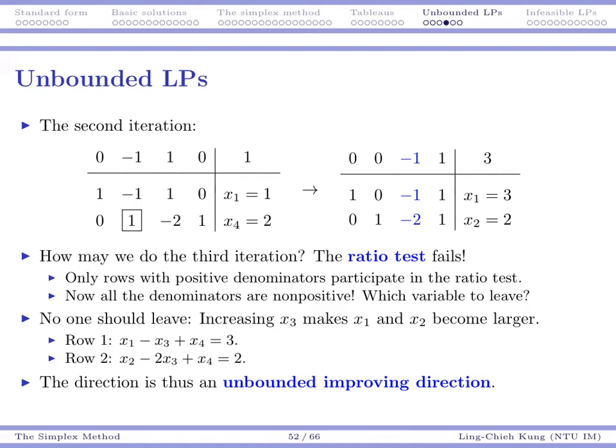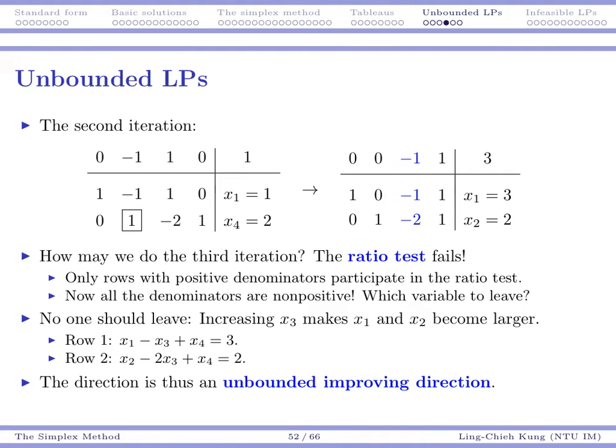So no row should be considered. Why is that? Because if we increase x3, that's going to make x1 and x2 both become larger instead of smaller. So x1 and x2 will never get a chance to hit 0.